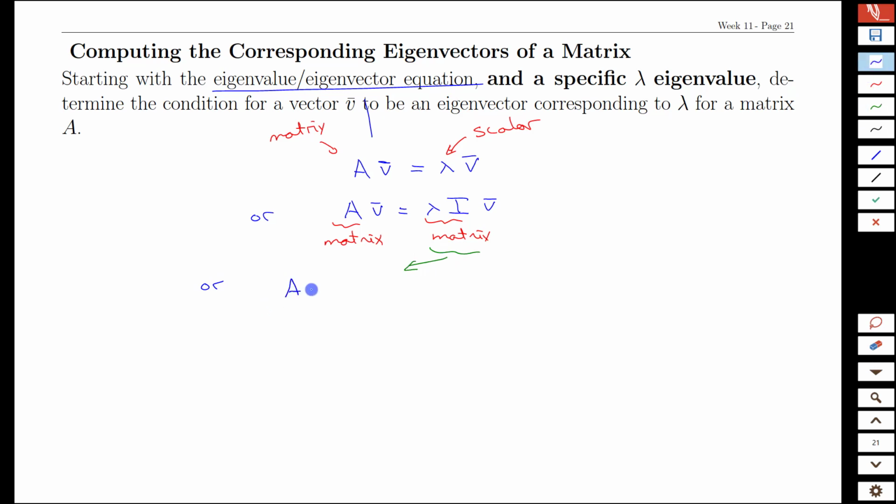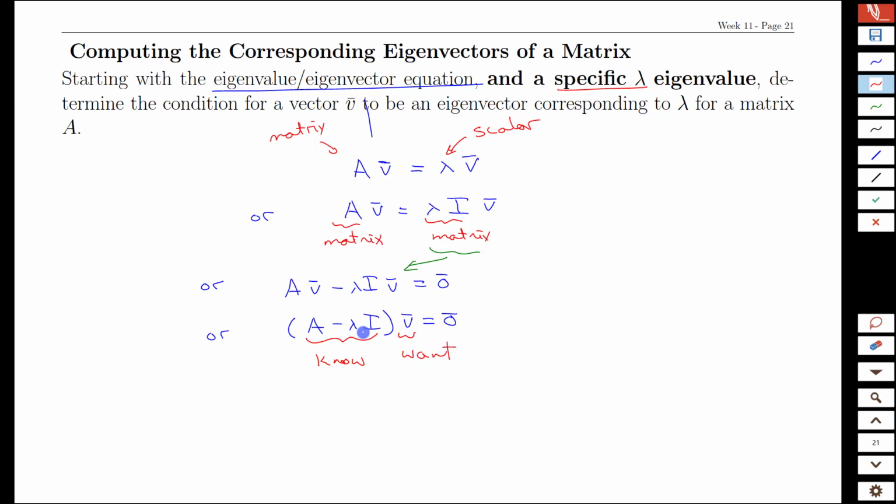So we get A times V minus lambda I times V equals the zero vector, or A minus lambda I, that same matrix we built earlier, times V equals the zero vector. And remember, for this case, we're now looking with a specific eigenvalue in mind. So we know all of this, and we want the vector V.